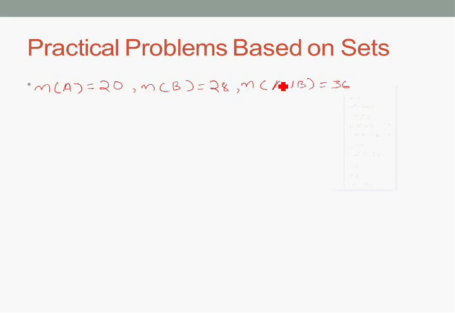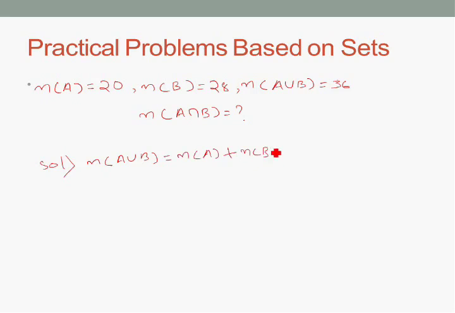We have to find n of A intersection B. Solution. Using the formula, n of A union B equals n of A plus n of B minus n of A intersection B.